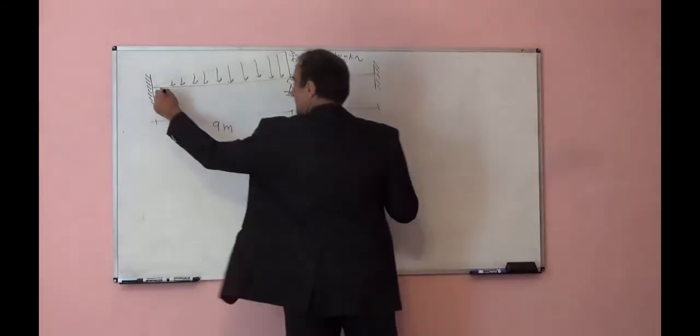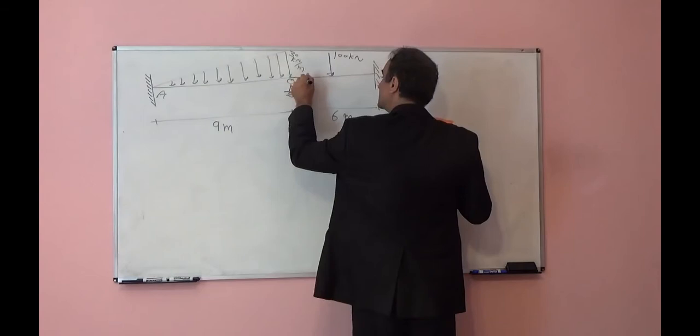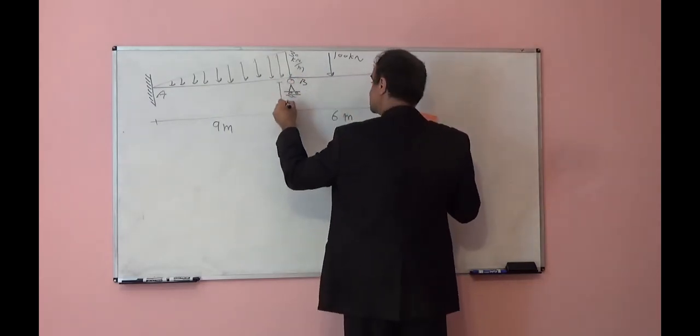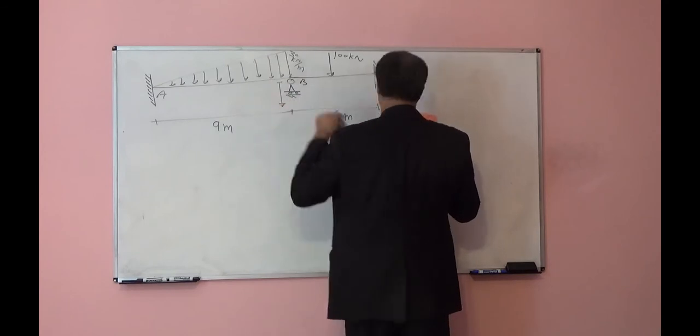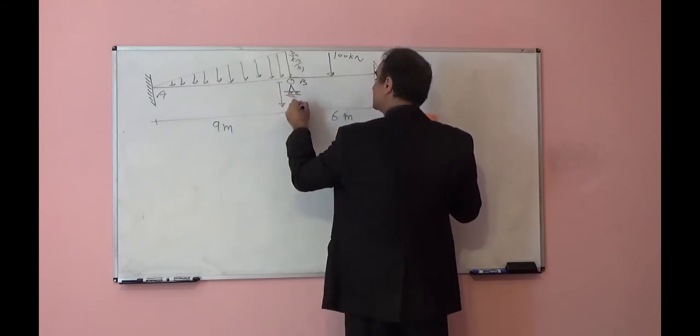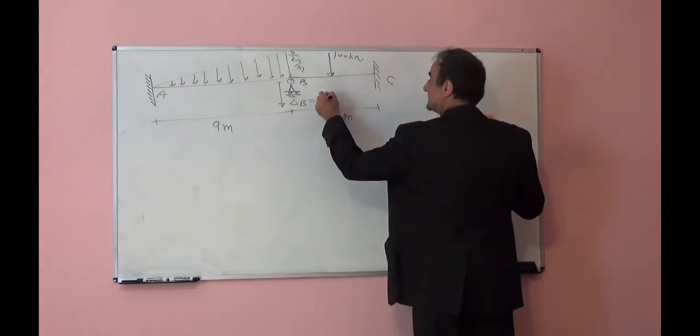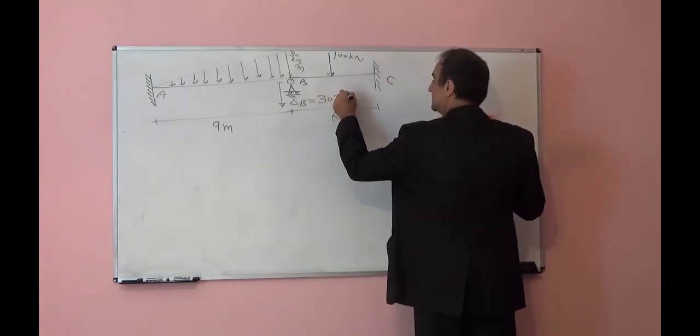In addition, at support B, we have settlement. Settlement is downward, and delta B, the magnitude of settlement, is 30 millimeters.